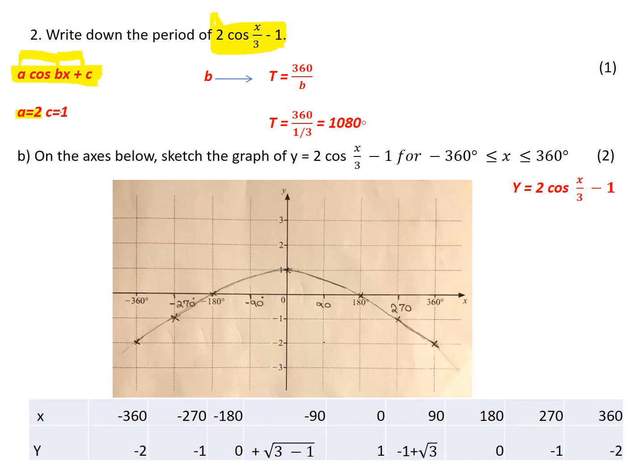Don't worry. Now, we will simply find out b. The value of b is 360 divided by b. We will simply divide 360 with the value of b, which is 1 upon 3, as you can see over here, that it is 1 upon 3 x.